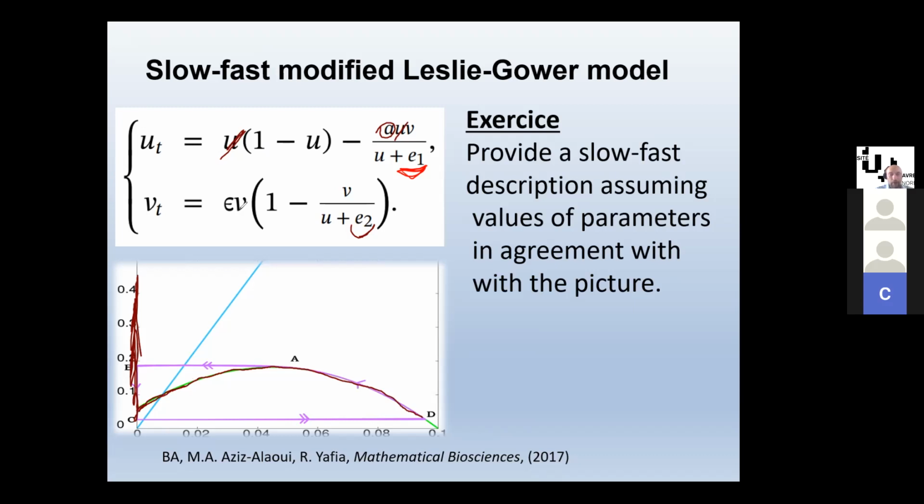And here, if I forget the V, V equals 0 is also an alkaline. If I forget about the V, the other alkaline is V equals U plus E2. So you can do the slow-fast analysis, right? When you're here, you get there, and then you get there. It's almost the same as in the FitzHugh-Nagumo case. So I recommend you do the exercise.